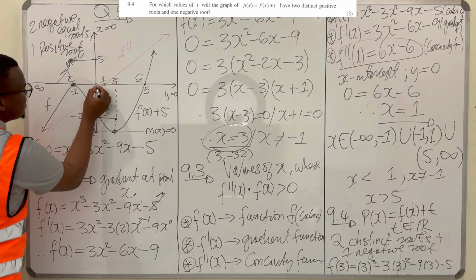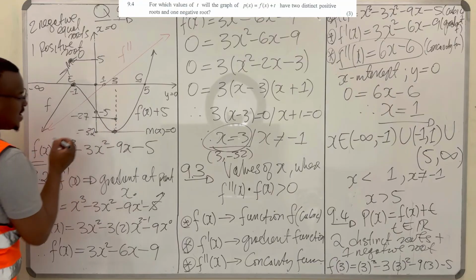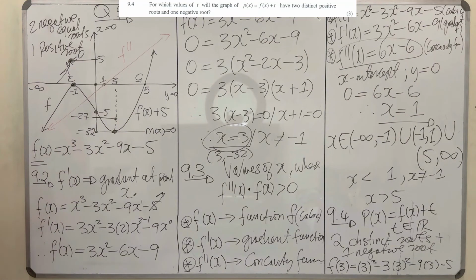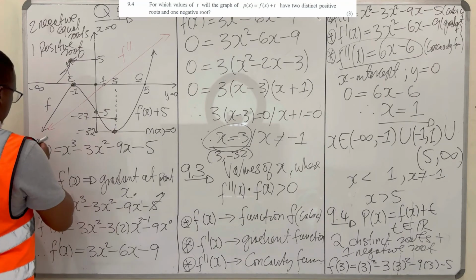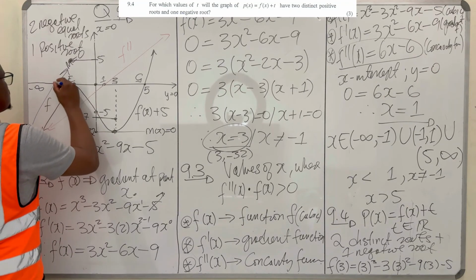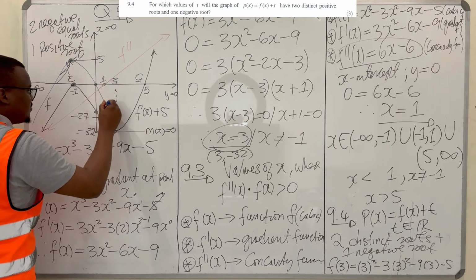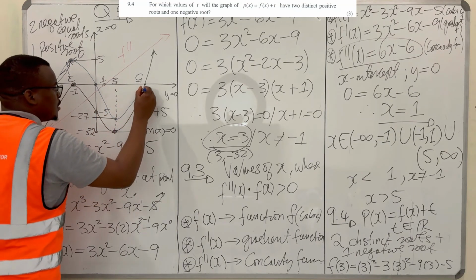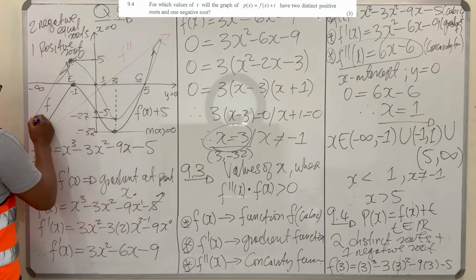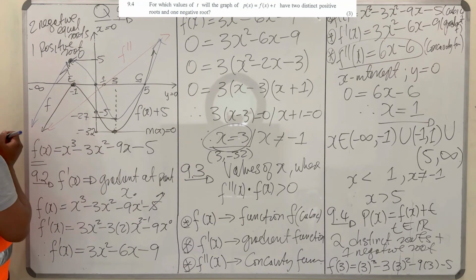And this point would be sitting here at 0. And this point would be here at minus 27. So if you look at the plotted version of the new function, which is f of x plus 5, I'll make it blue. So a new function will look like this. That is shifted 5 units upwards. It will look something close to this.